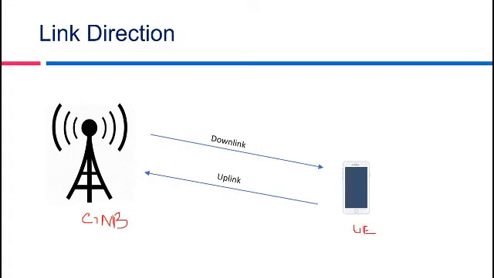The signal transmitted from the base station towards the UE is known as downlink, and the signals transmitted from the UE to the base station are known as uplink. Keeping this in mind, in further slides we'll discuss the different duplexing used in 5G.